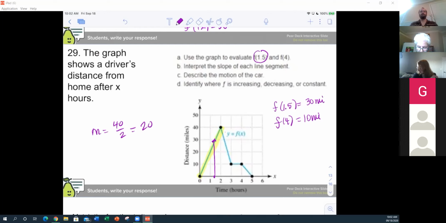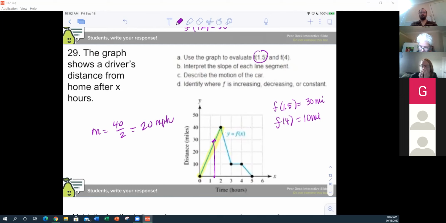And that's 20, but 20 what? Miles per hour. Right. That's how fast this guy's going for the first 2 hours.